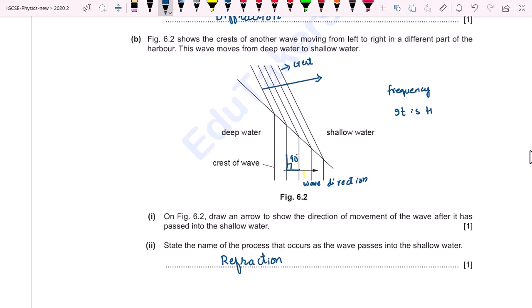It is the number of crests passing through the medium each second.